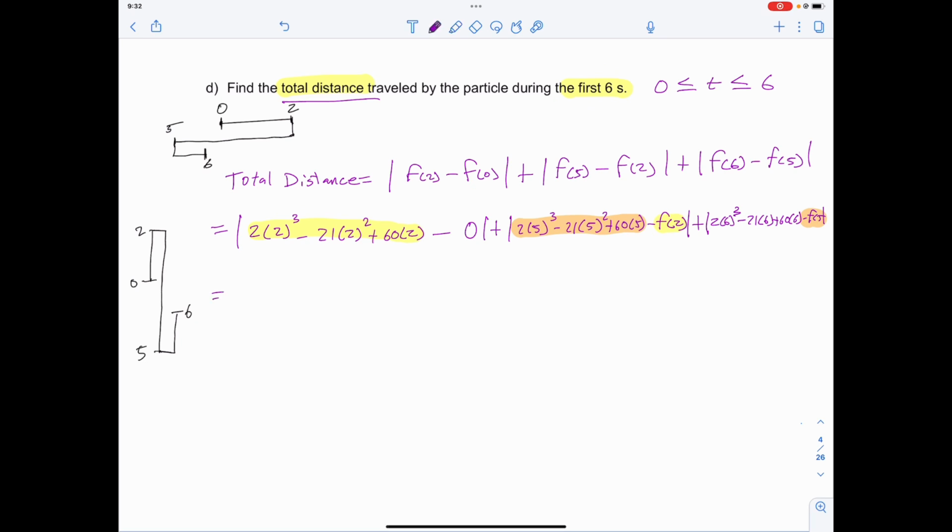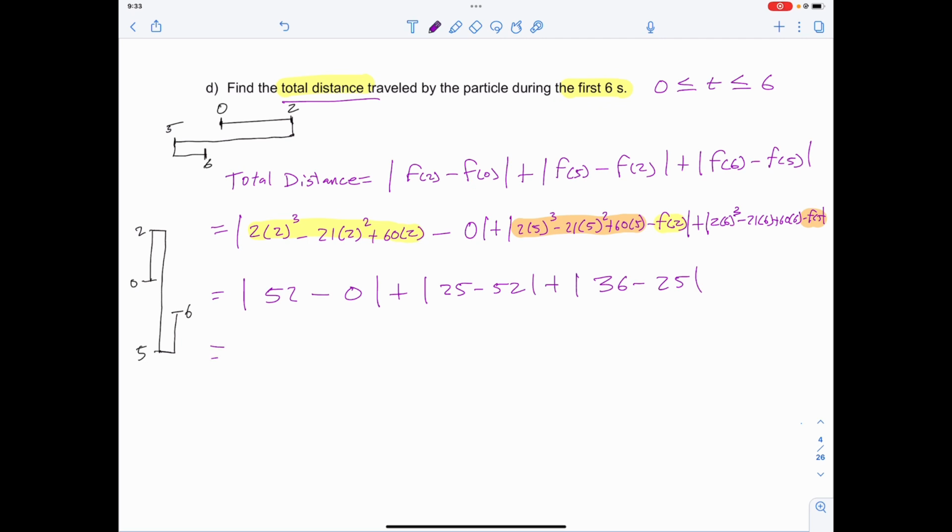When I simplify it, I get 52 minus 0 plus the absolute value of 25 minus 52 plus the absolute value of 36 minus 25.